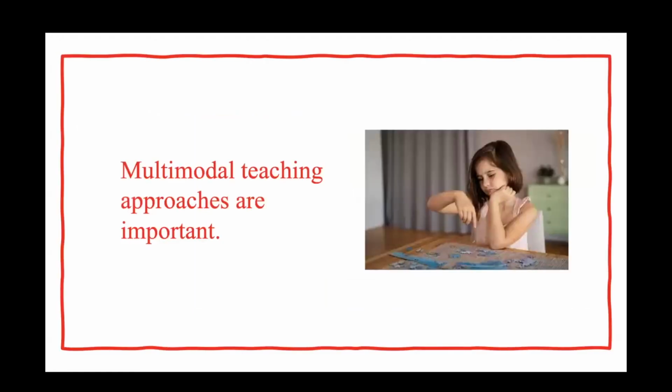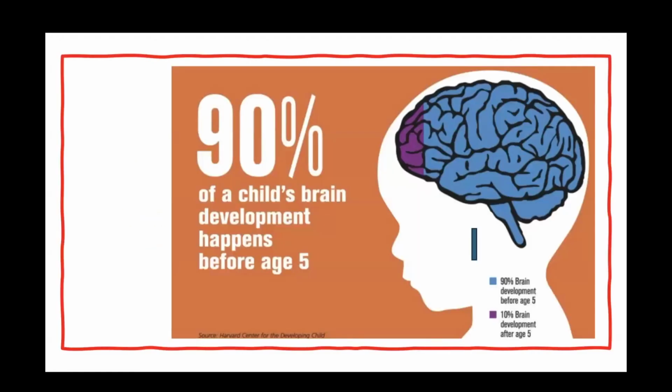And why multimodal? According to some research, this is why multimodal is emphasized so much lately. The human brain develops and reaches 90% of its adult volume by the age of 5. So when we reach 5 years old, our brain has in fact developed 90%.